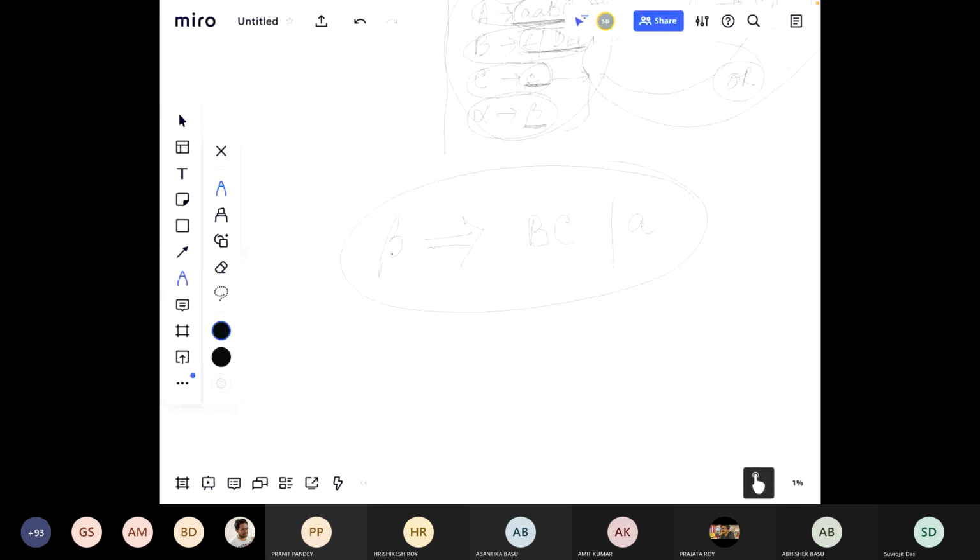So a context-free grammar in Chomsky normal form always has productions of the form A goes to two non-terminals or A goes to a single terminal. If your grammar has 100 rules and each of those rules is either of this form, A goes to two non-terminals, or of this form, A goes to a terminal, then your grammar looks uniform. Do you agree with that? Your grammar is said to be normalized. Do you agree? Yes or no?